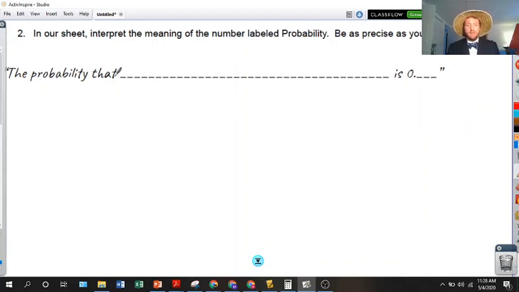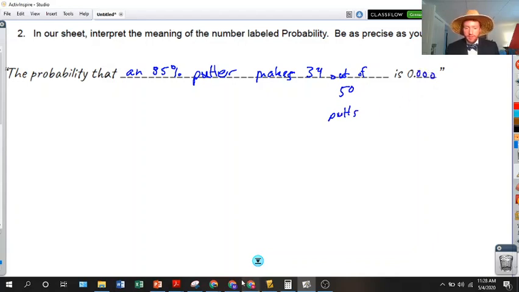The probability that an 85% putter makes 34 out of 50 putts is 0.000. It was low, wasn't it?